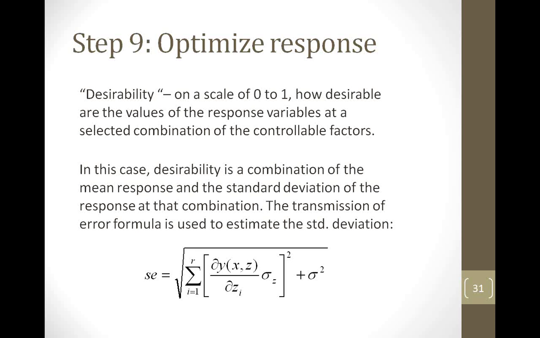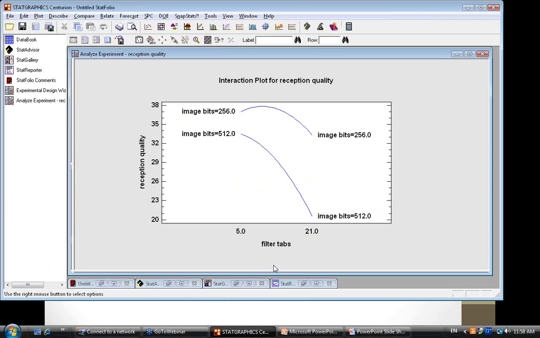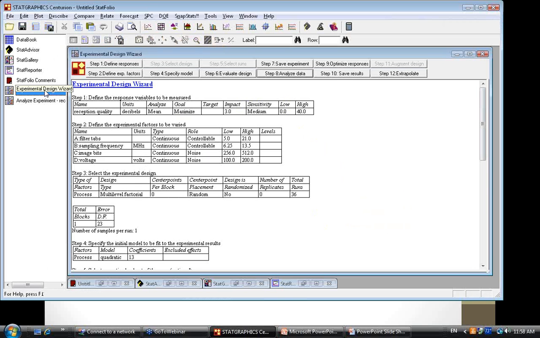Okay. Now let me show you how that's actually done. It's quite easy to do. What we do, once we have fit our mathematical model, is we go back to the experimental design wizard. And we could just go ahead right now, if we wanted to take all the defaults and press step 9, optimize responses, and we'd do a simultaneous optimization of the mean and the standard deviation.